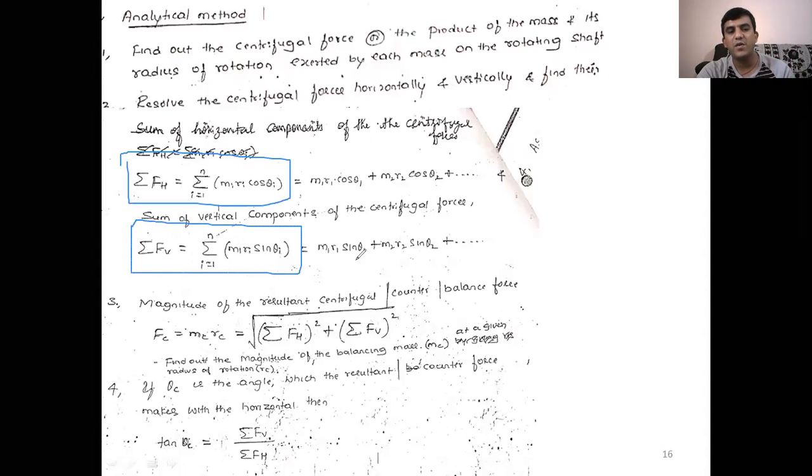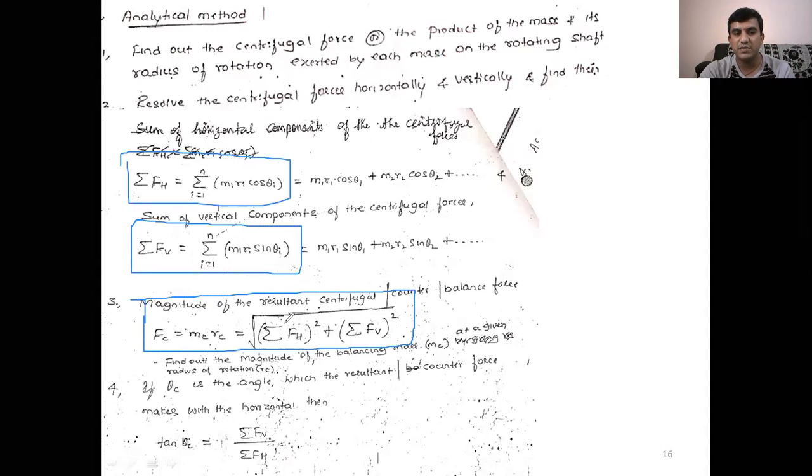Third, now I want the resultant. How do you get the resultant? By applying the Pythagoras theorem, the centrifugal force Fc is equal to Mc Rc, without omega square because that will get cancelled. Fc is equal to Mc into Rc, that is the square root of the square of the vector sum of forces in the horizontal direction plus the square of the vector sum of forces in the vertical direction.